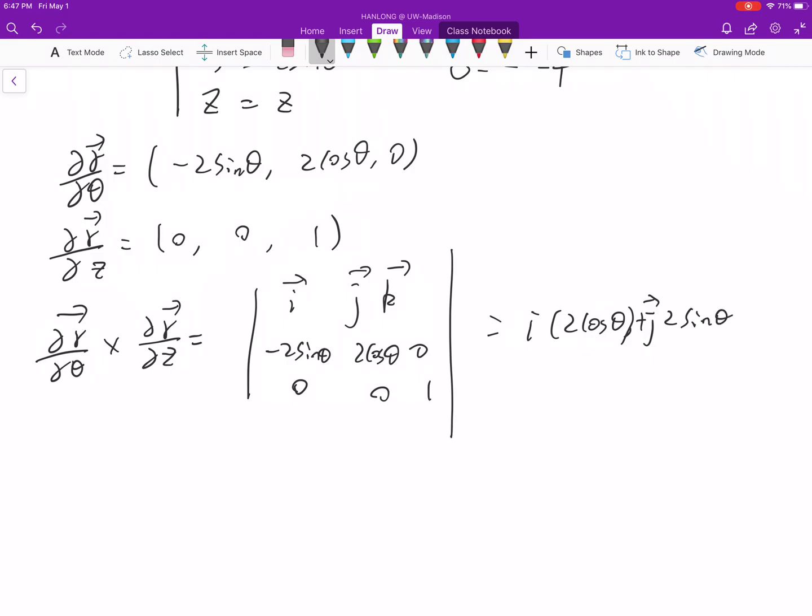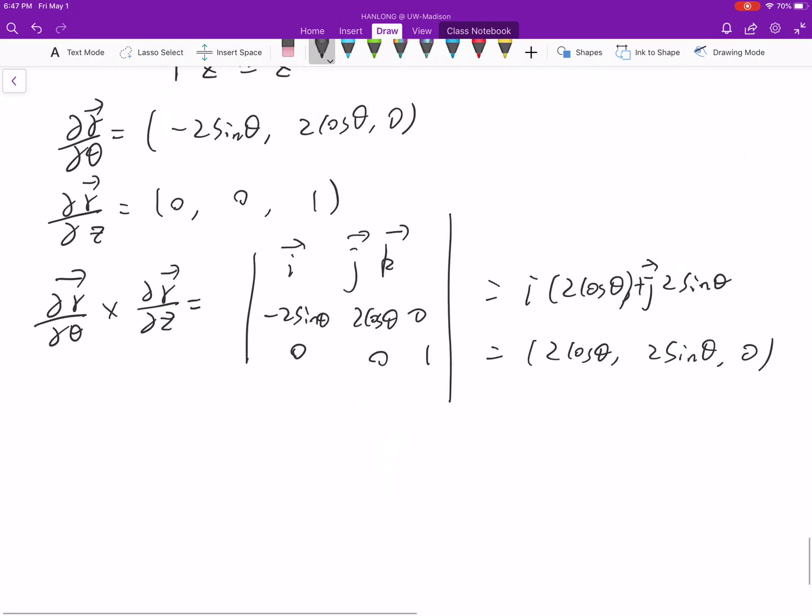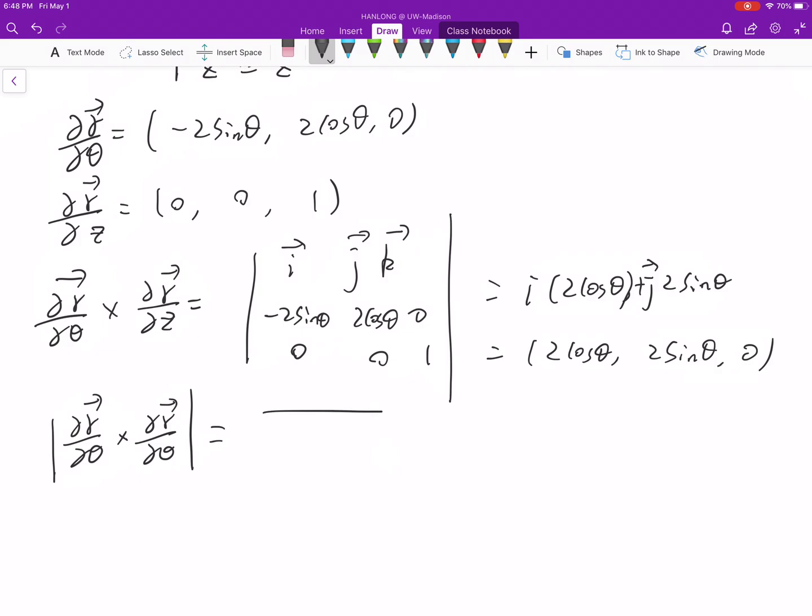That's it. You don't have a k component. Or you have 2 cosine theta, 2 sine theta, 0. And you can compute the norm if you want. Just the square root of 2 cosine theta squared plus 2 sine theta squared, which is 2.